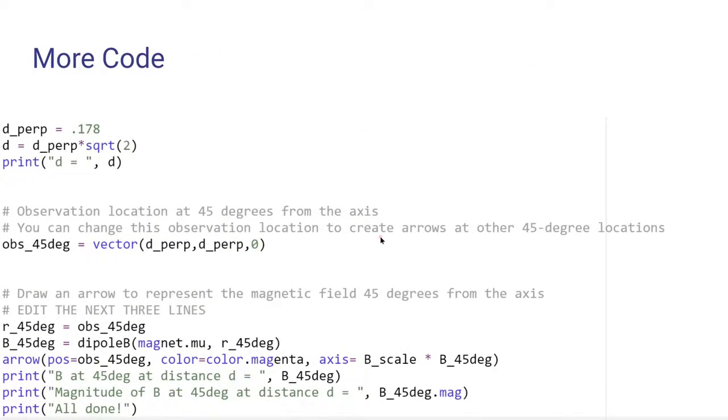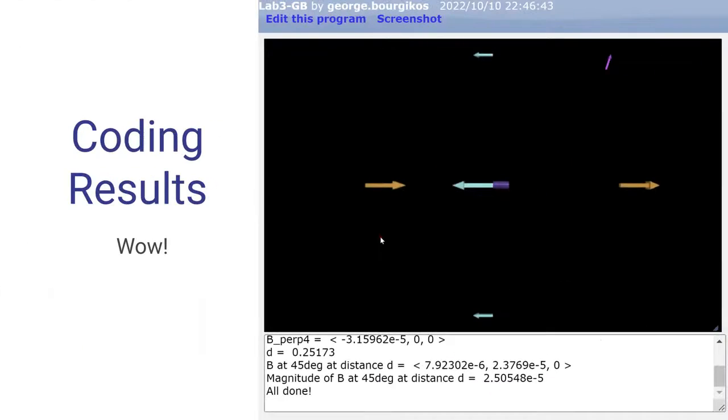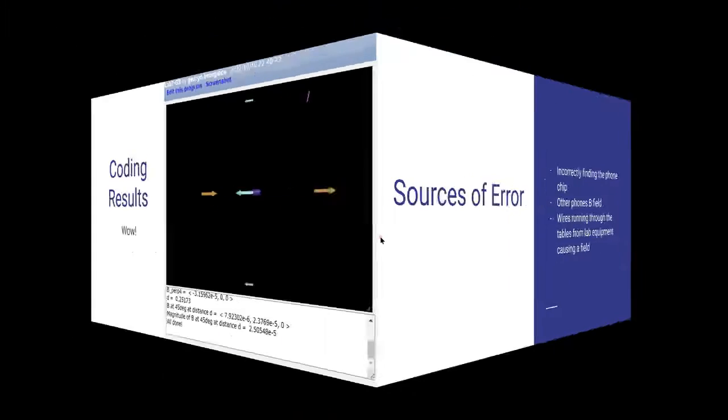And then finally, we display the answers. And these are my results. As you can see, the yellow arrows are on axis and the other ones are off axis, my bad.